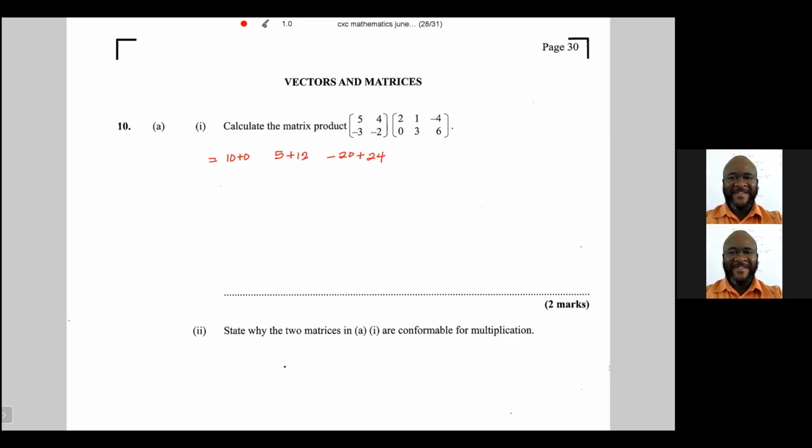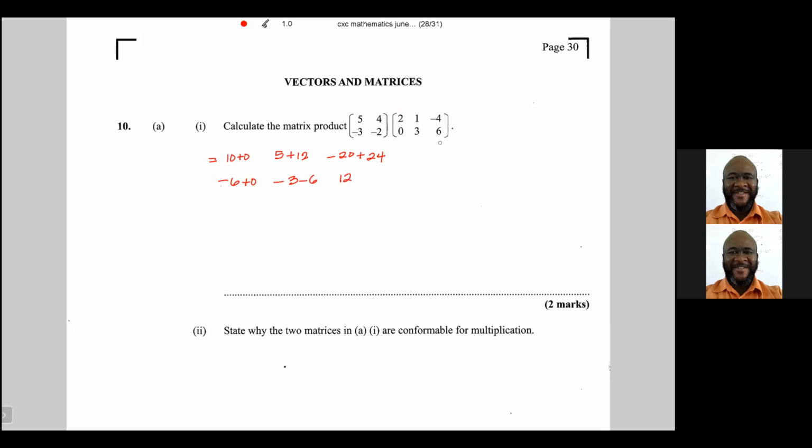I'm going to multiply the bottom row by all the columns. Minus 3 times 2 is minus 6. Minus 2 times 0 is 0. Minus 3 times 1 is minus 3. Minus 2 times 3 is minus 6. Minus 3 times minus 4 is positive 12.